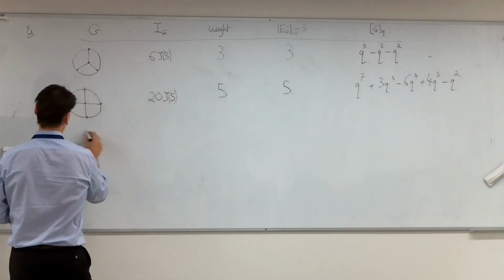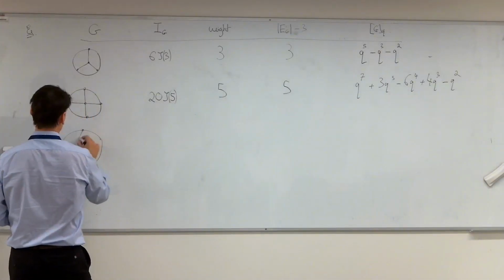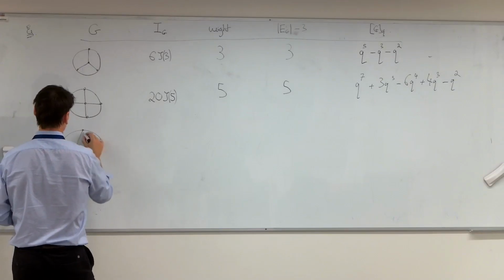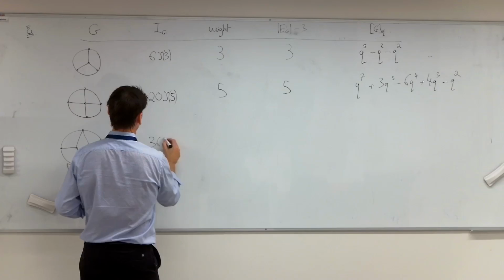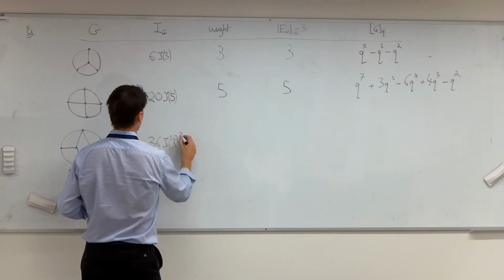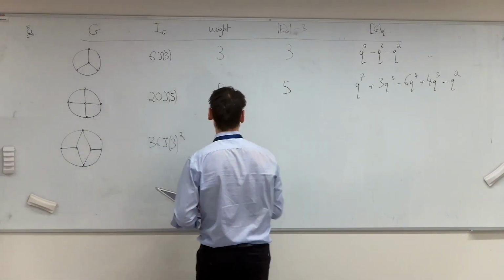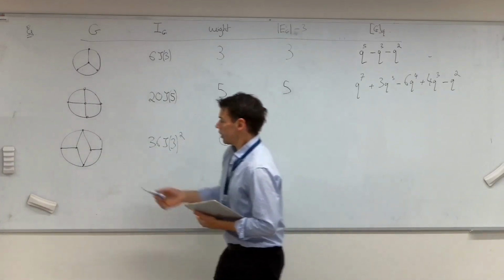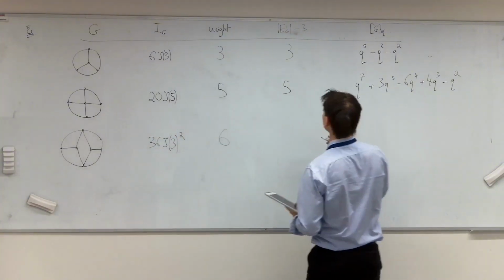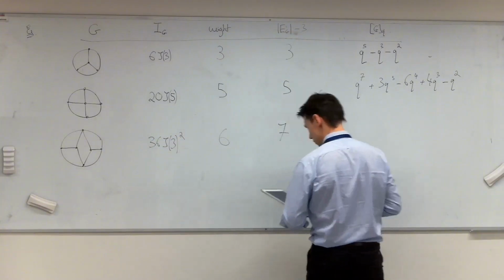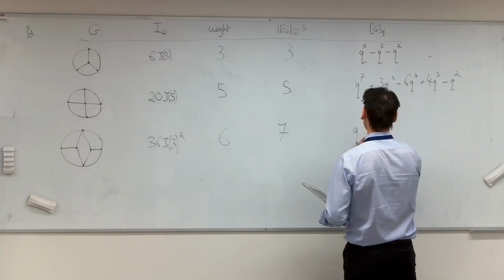And then we had this two-vertex join graph. And it gives 36 zeta 3 squared. The weight of this is 6. And the number of edges here is 1, 2, 3, 4, 5, 6, 7, 8, 9, 10. So 10 minus 3 is 7. And here we have q to the 9.